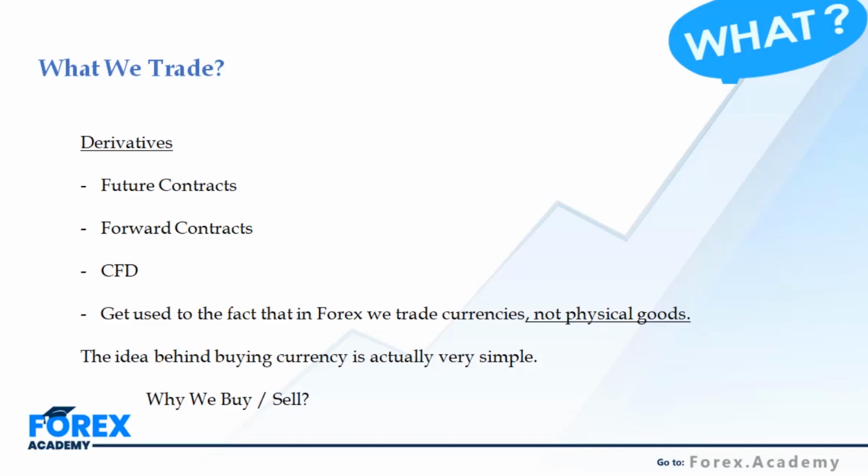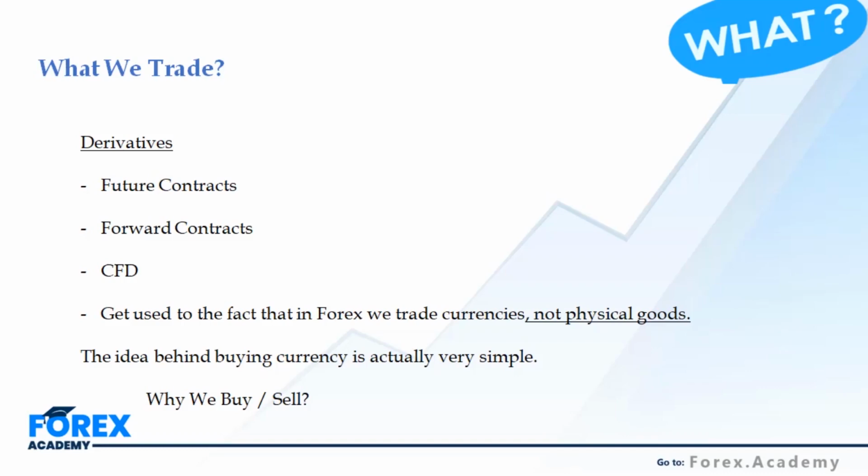Now, derivative is a financial term that is used in the financial market. If we try to define it, it is a derivation of prices. Derivation of prices of what? Of the securities that we are trading.